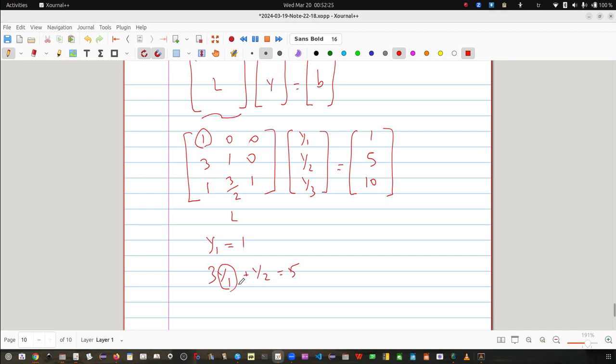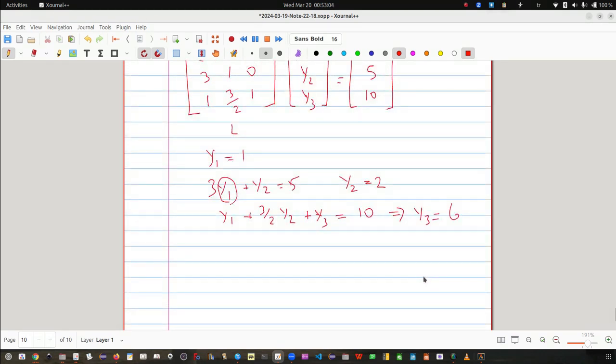Since y1 is known, you can find y2. y2 is equal to 2. And from there, y1 plus 3 over 2 y2 plus y3 is equal to 10. From there you find y3 is equal to 6.